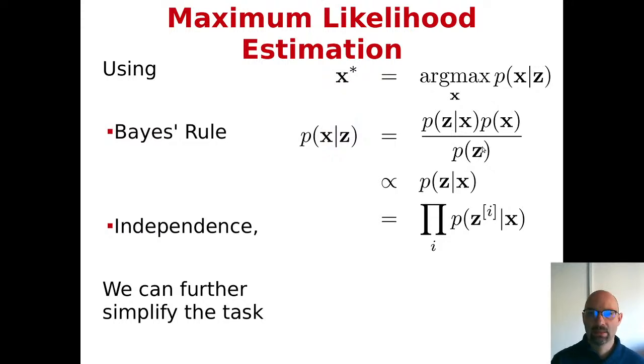And then considering that we know nothing about x, we could just like say that it's a uniform distribution, and considering that P of z is just a number because z is a set of constant, we could say that the probability of x given z is proportional to the probability of P of z given x under these assumptions.